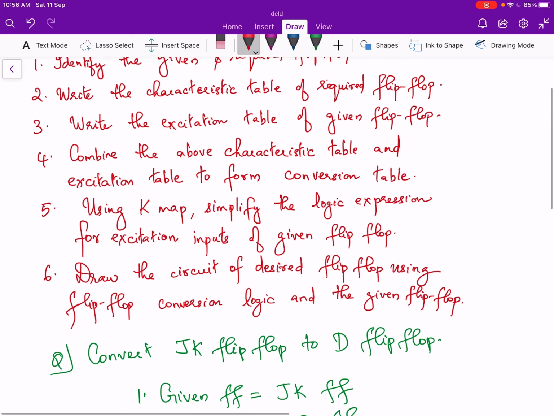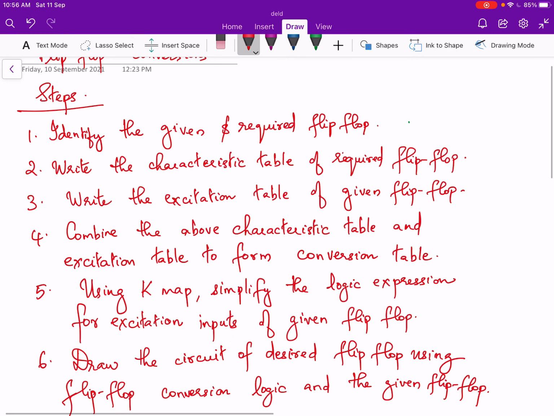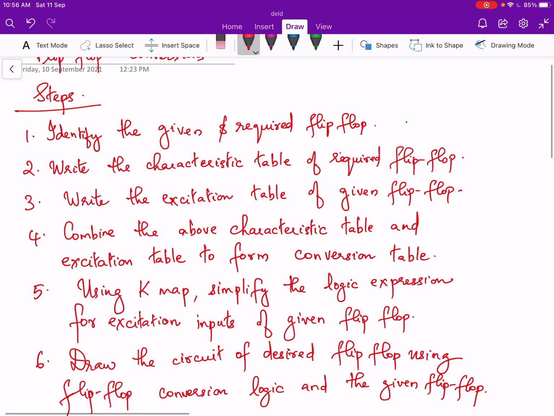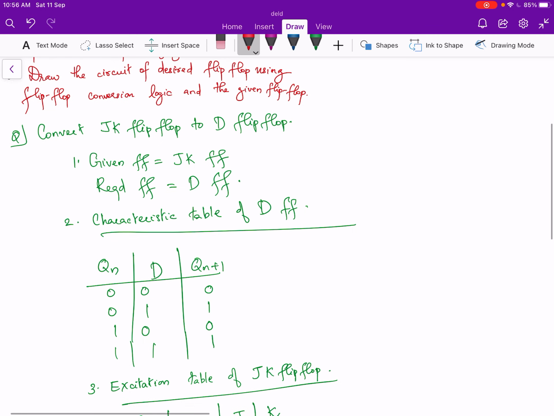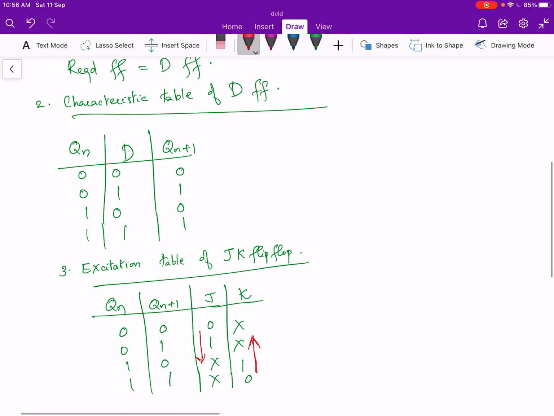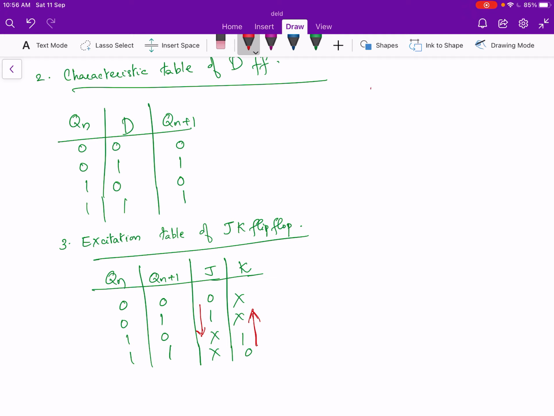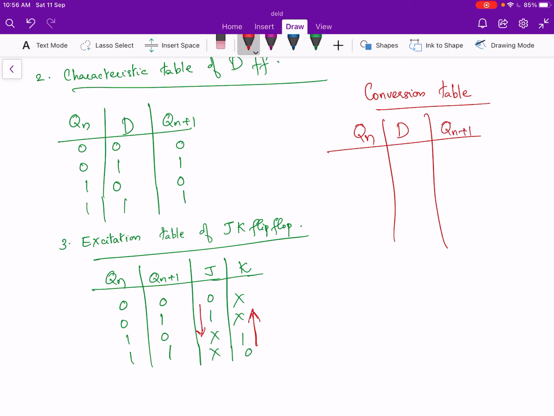Now the fourth step is to combine the above characteristic table and excitation table to form the conversion table. So now we have to draw the conversion table by combining the characteristic table and excitation table. So we can draw the conversion table over here. So that is Qn, D, Qn plus 1, J and K. We have combined these two.